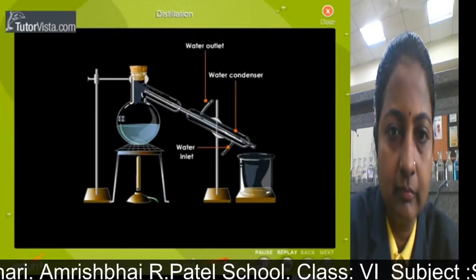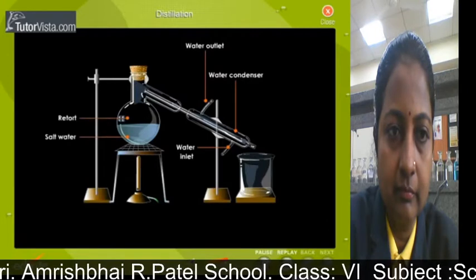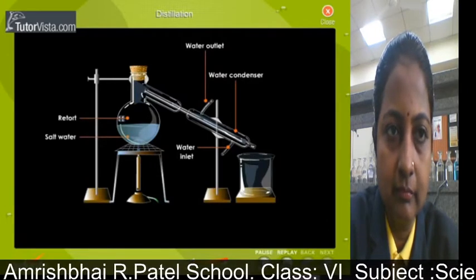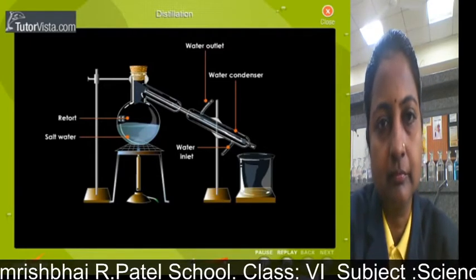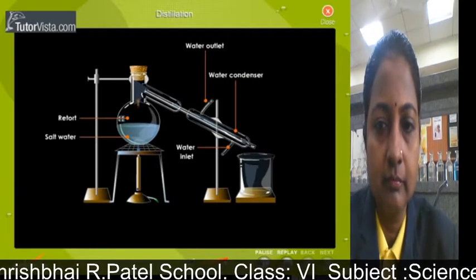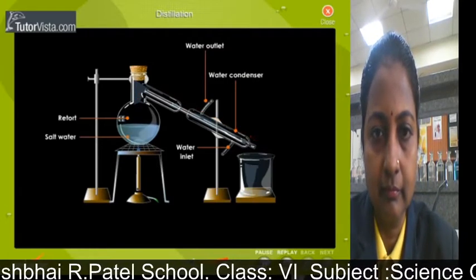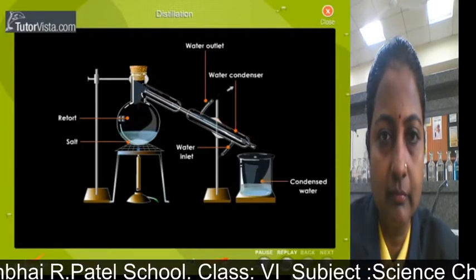Let us see the demonstration. Take some salt water in a retort and heat it till the water gets converted to steam. The steam is collected in the beaker which is connected to the retort as shown here. The steam condenses into drops of water and the salt is left behind in the retort.